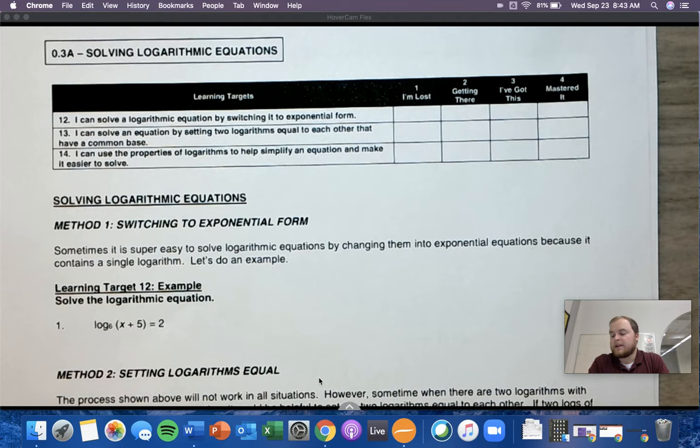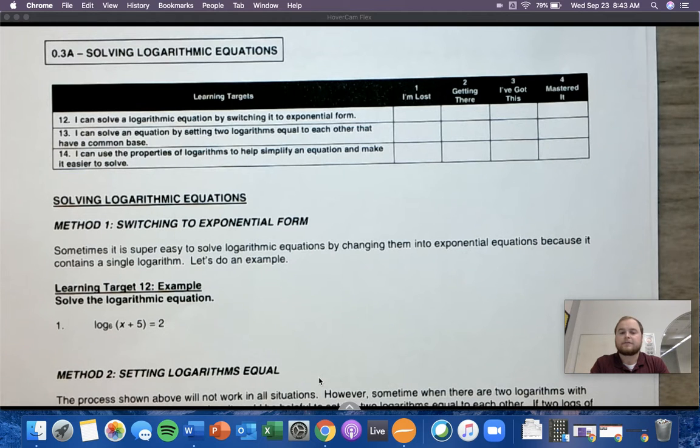The first one is I can solve a logarithmic equation by switching it to exponential form. We've been doing a lot of that, transforming log functions to exponential functions and vice versa. Number 13, I can solve an equation by setting two logarithms equal to each other that have a common base.